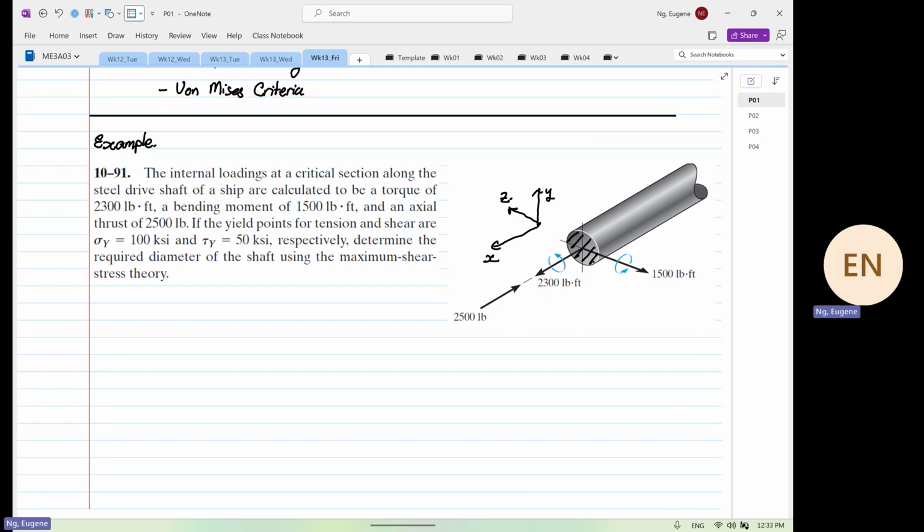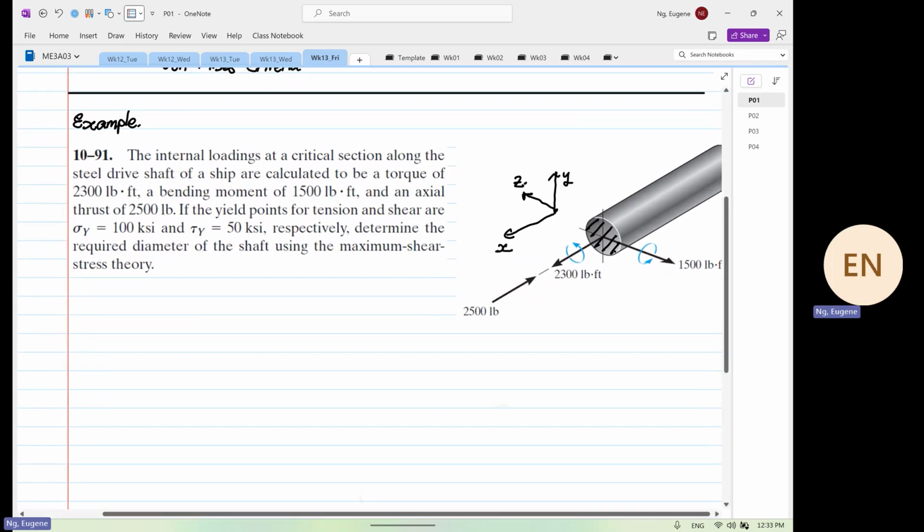We know that fracture will occur at that surface. And that's what we know so far.